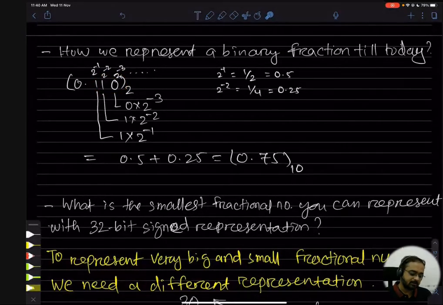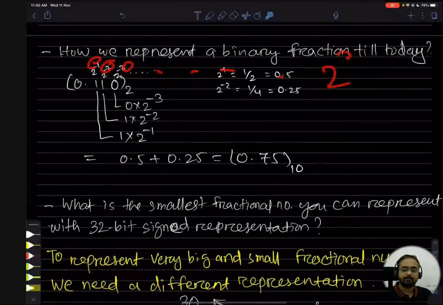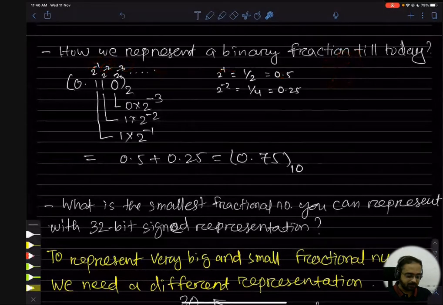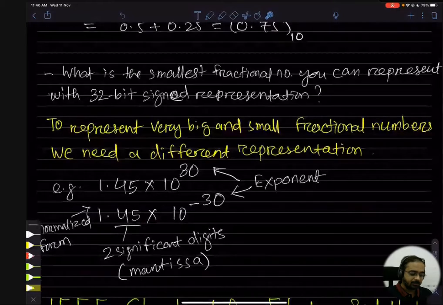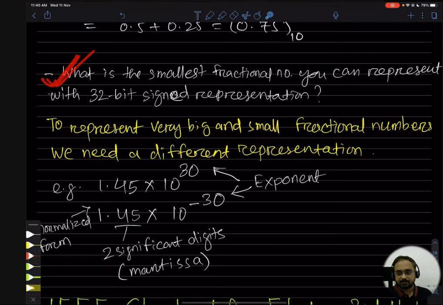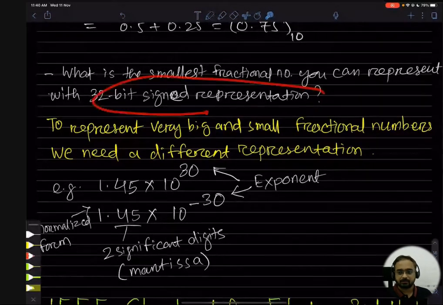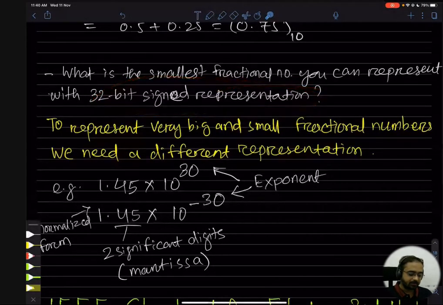In those cases this type of representation, 2 to the power minus 1, minus 2, minus 3, up to 2 to the power minus 31, will not work. So you have to find out the answer for this: what is the smallest fractional number you can represent using a 32 bit signed representation? You find out the answer to this.